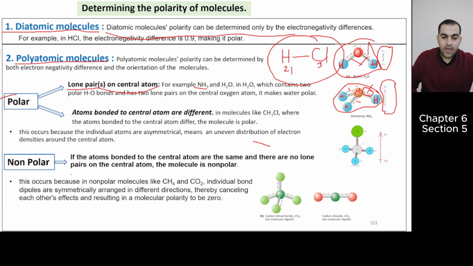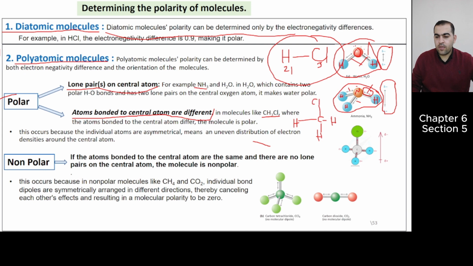Sometimes there are no lone pairs on the central atom, but the molecule is still polar. When? When the atoms bonded to the central atom are different, like CH3Cl. When I draw the Lewis structure, there are hydrogens, but we have a Cl also.